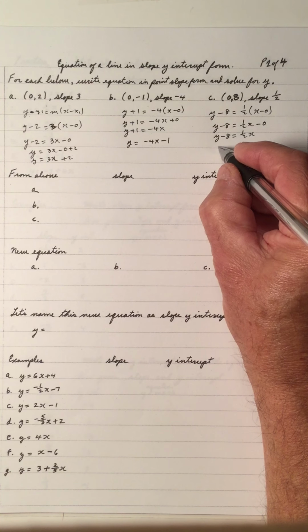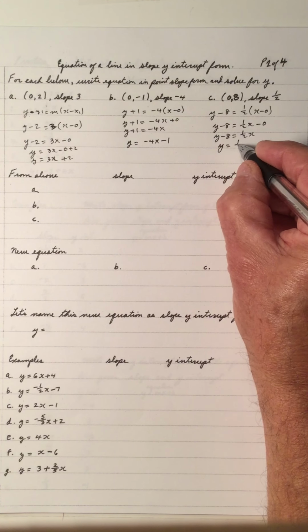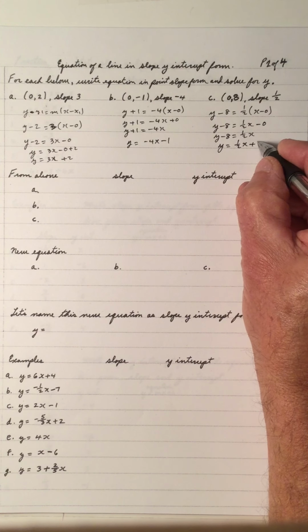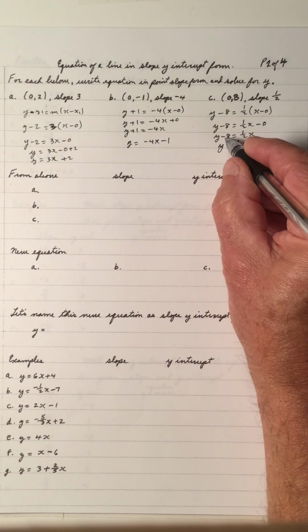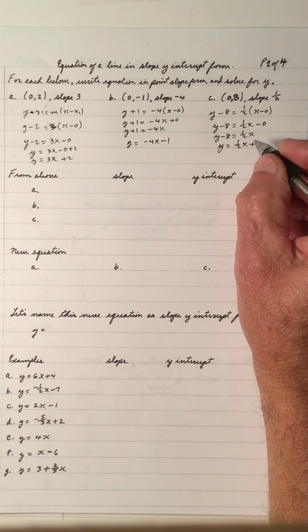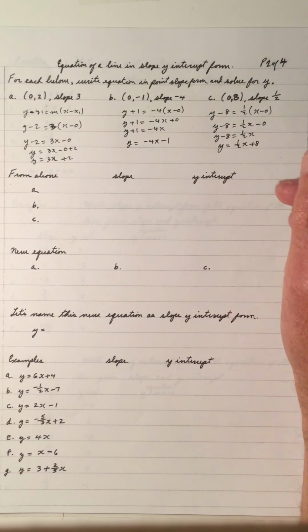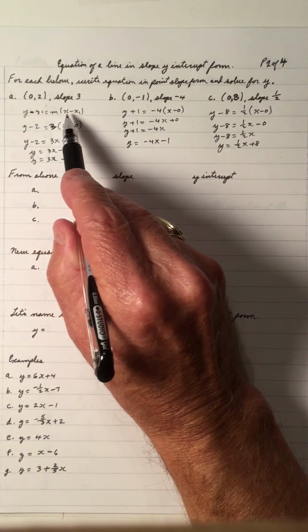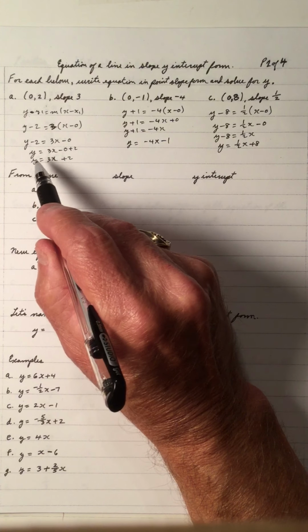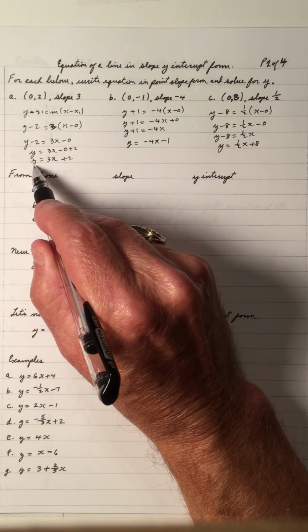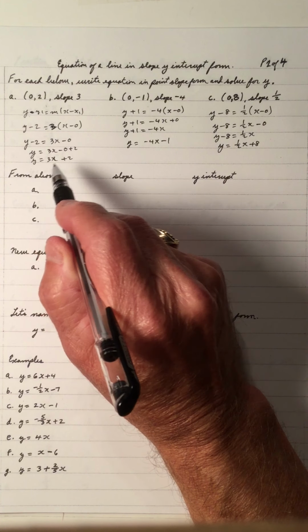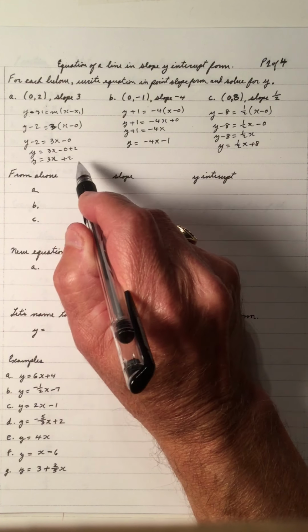And we're solving for y. So y equals 1/2 x plus 8. We're transposing minus 8 to the right side. It becomes a plus. So notice we took the point slope form and solved it for y. That means y is on the left and the other terms are on the right, with the x term and then the constant, in descending order.